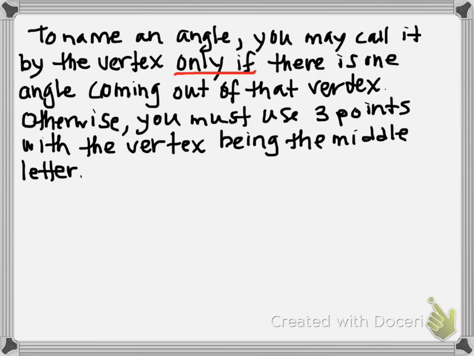So let's talk about this guy. We're going to use the same exact angle we did before, and we have 3 names for this angle. Just like when we were naming other shapes, we will use the letters that name that shape if it's a segment, a line, a ray. We do that with an angle.